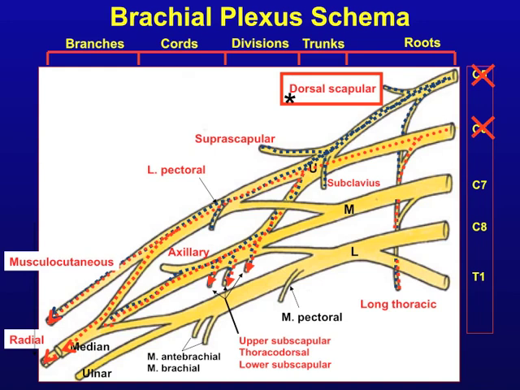This is indicated by the red box and an asterisk. Hence, the action of the rhomboids and levator scapulae are eliminated. In this situation, one would expect the scapula would not be able to be retracted and or elevated. However, remember that there are redundant muscles capable of performing these actions.